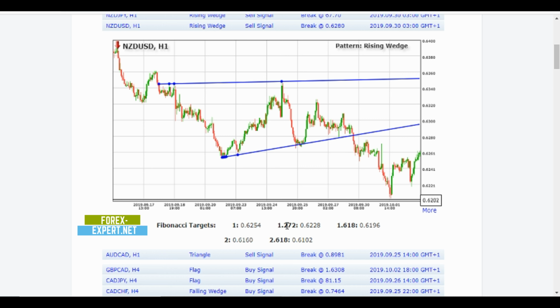Hitting easily the 1.272 Fibonacci target. Okay, you got many ways to take profit.